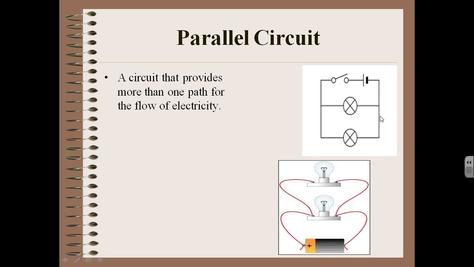It can go this way, this could be a path that it could take. It could also go this direction. Okay, so there's more than one way for that current to get around the circuit, and this is the same thing here. It has more than one path for the flow of current to get around that circuit.